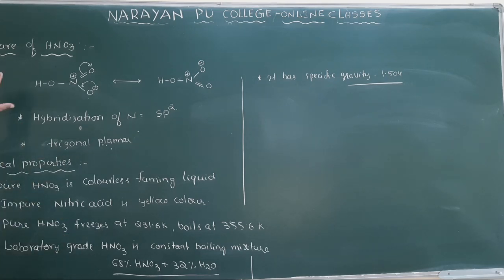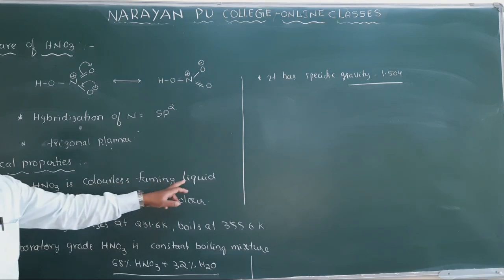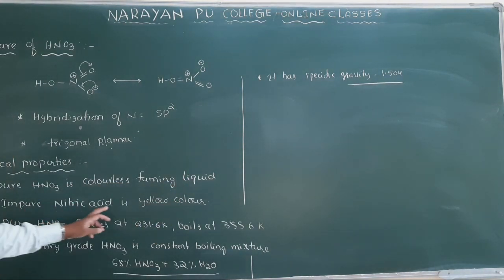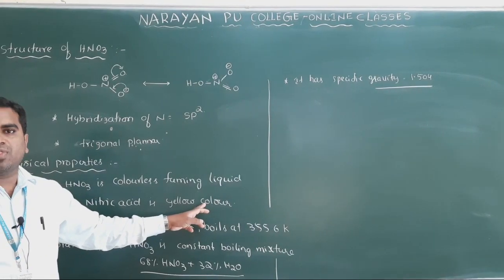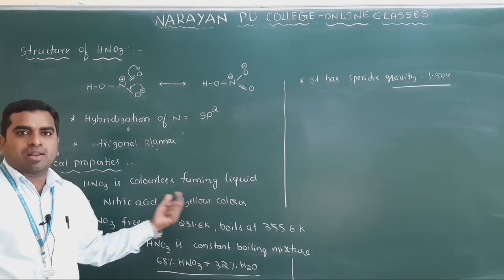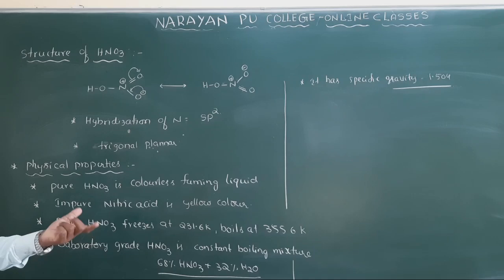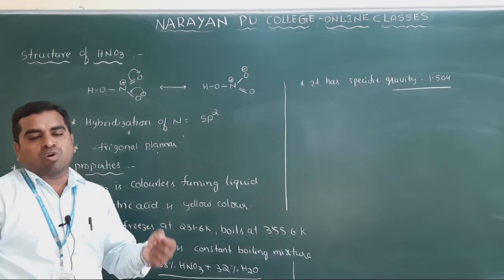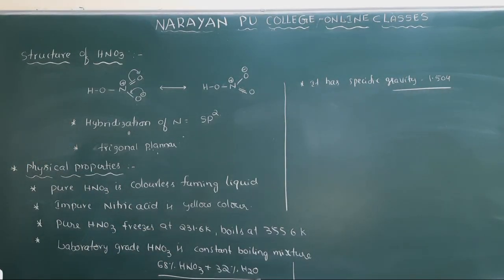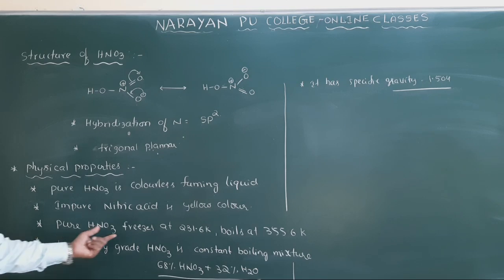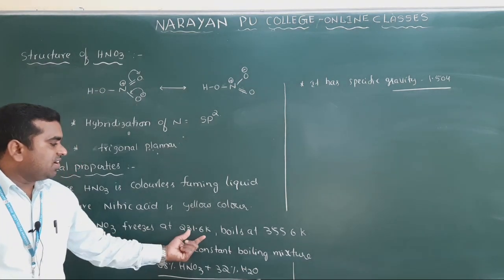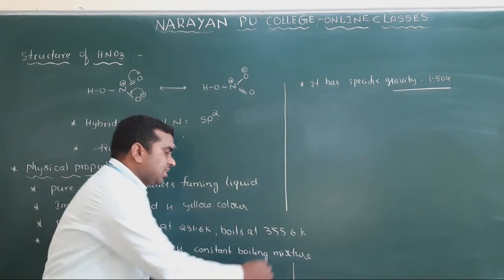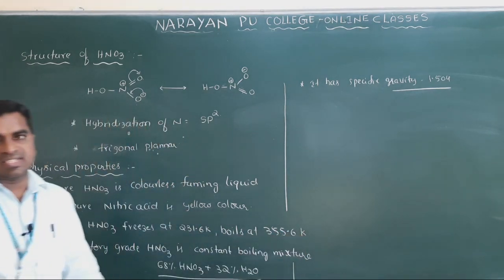Clear? See, first we discussed structure and physical properties. Pure HNO3 is a colorless fuming liquid, and impure nitric acid is yellow in color. Why is it yellow in color? Because of impurities. Mainly nitrogen oxides are present as impurities in HNO3. Pure HNO3 freezes at 231.6 Kelvin and boils at 355.6 Kelvin.